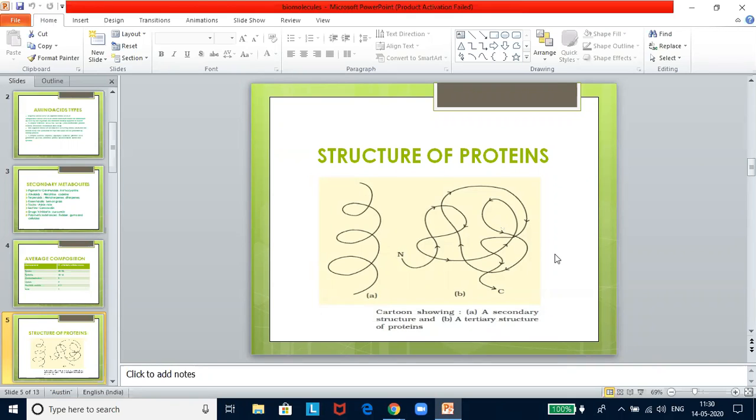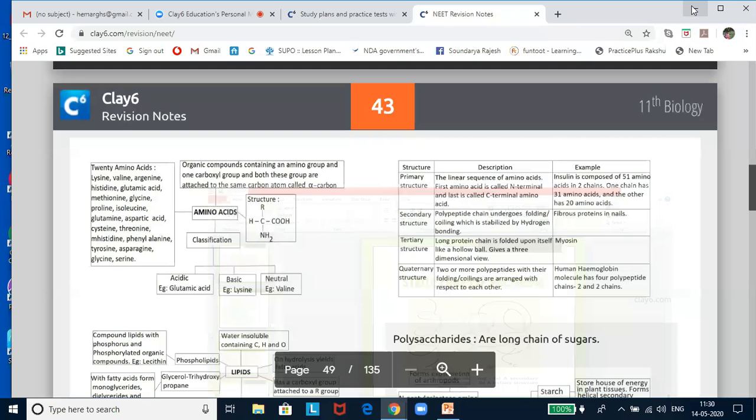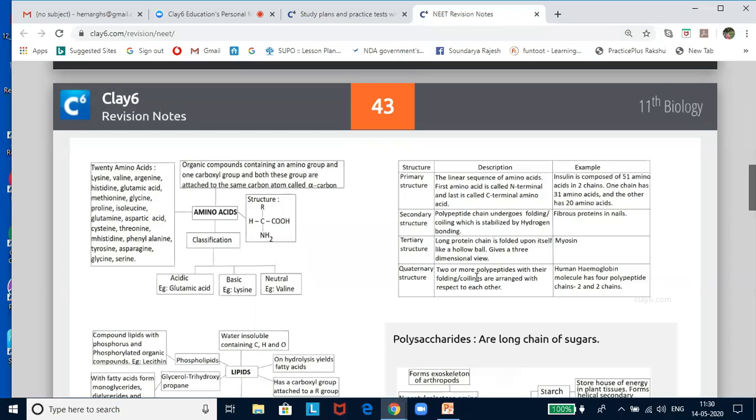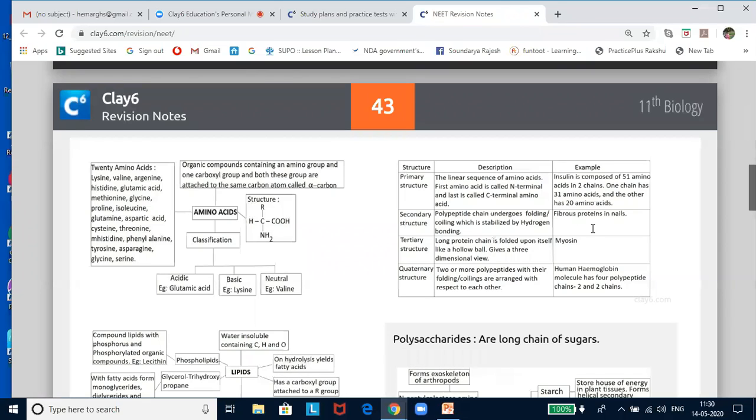And finally, it will be the quaternary structure. In the quaternary structure, two or more polypeptides fold and arrange with respect to each other. It is the three-dimensional structure of a multi-subunit protein and how these subunits fit together. It involves clustering of several individual peptides or protein chains into a final specific shape.